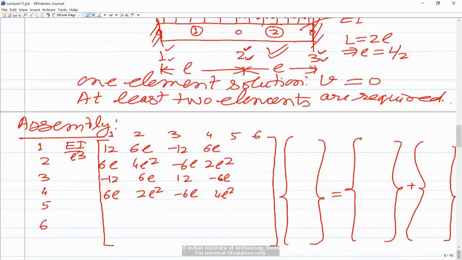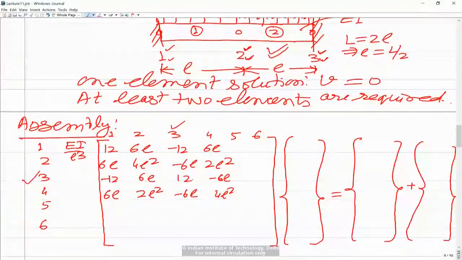So the stiffness matrix of the second element will go to the third, fourth, fifth, sixth rows and columns. Because the two elements are identical, the stiffness matrix of the second element is also the same. But the first row and first column of the second element will go to the third row and third column of the global system.